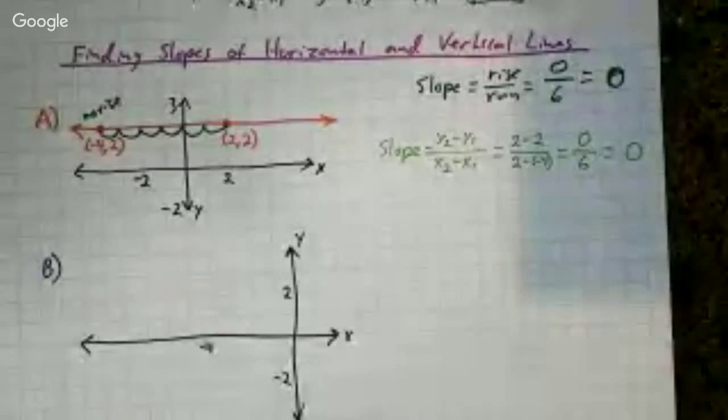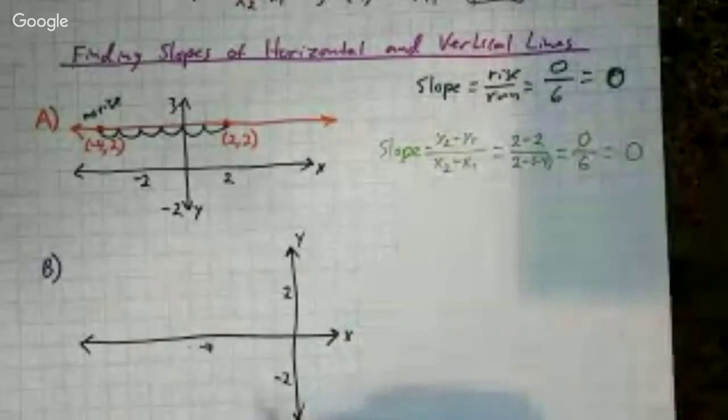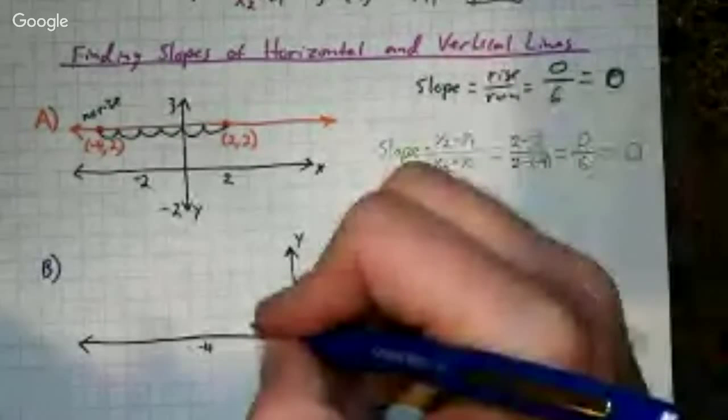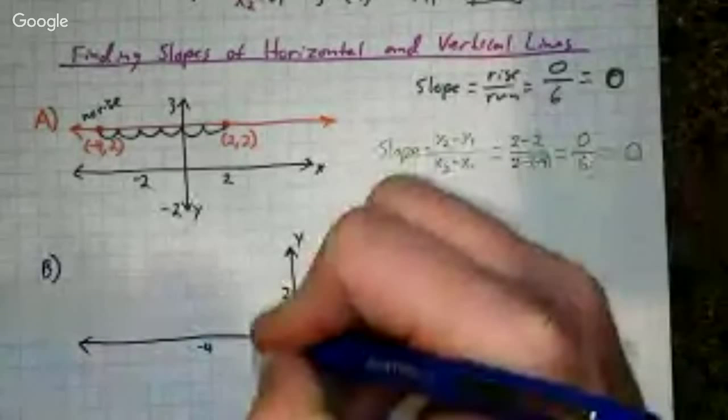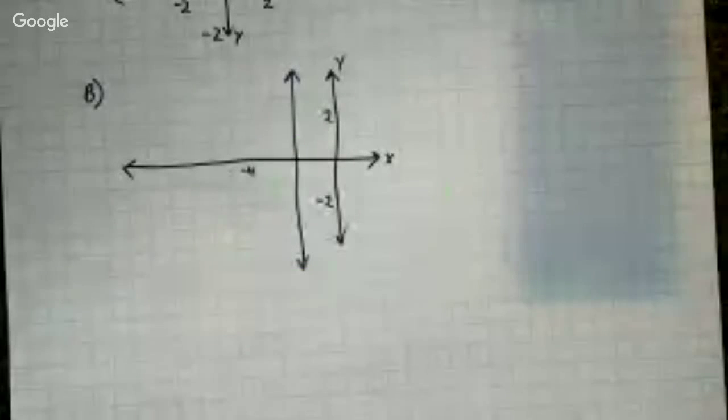Now I need to go ahead and give myself a vertical line. The vertical line I'll find at negative 2. Okay, so I have my vertical line in. Again, it's easy enough to find a couple points.